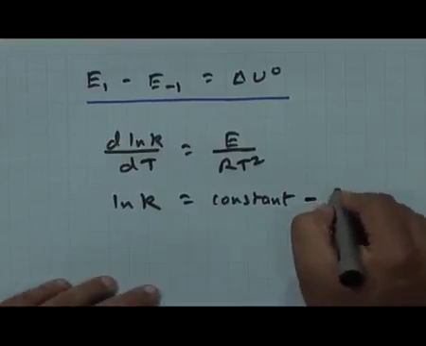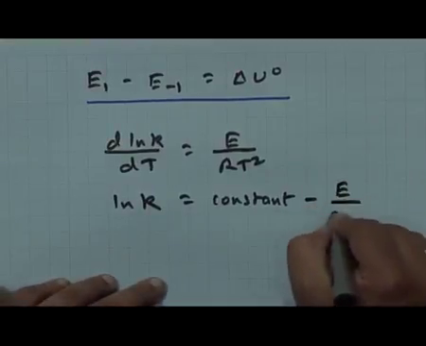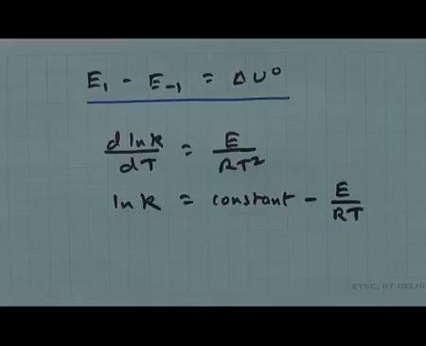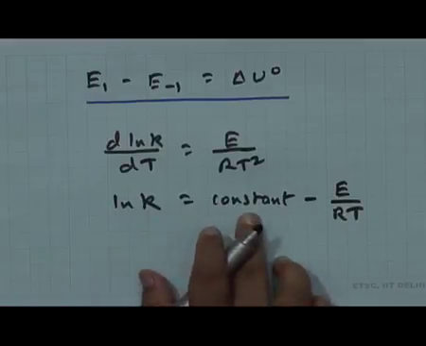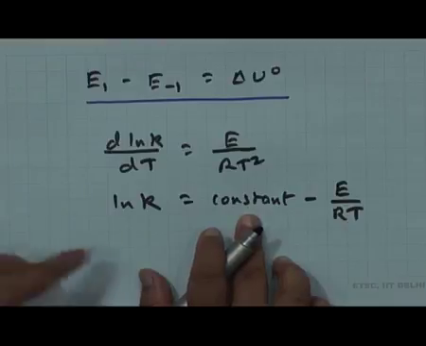constant minus E over R T. This constant is a constant, and this is logarithmic base e.